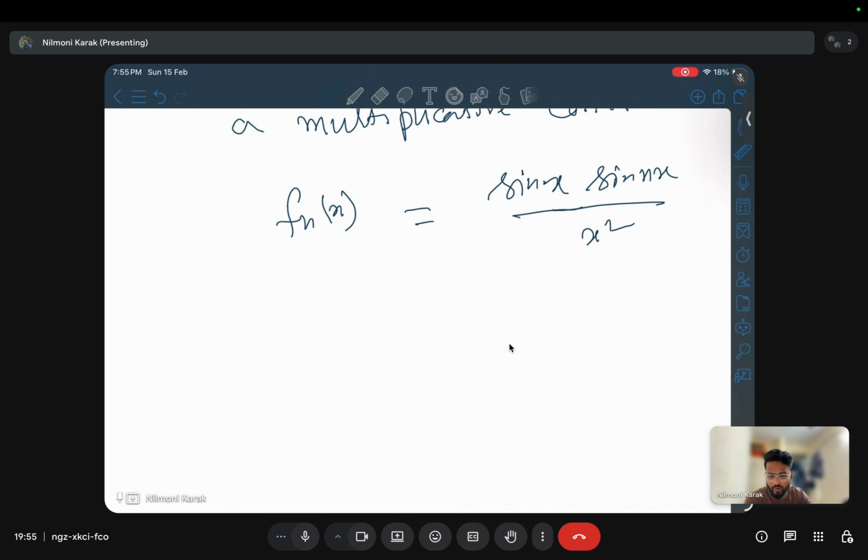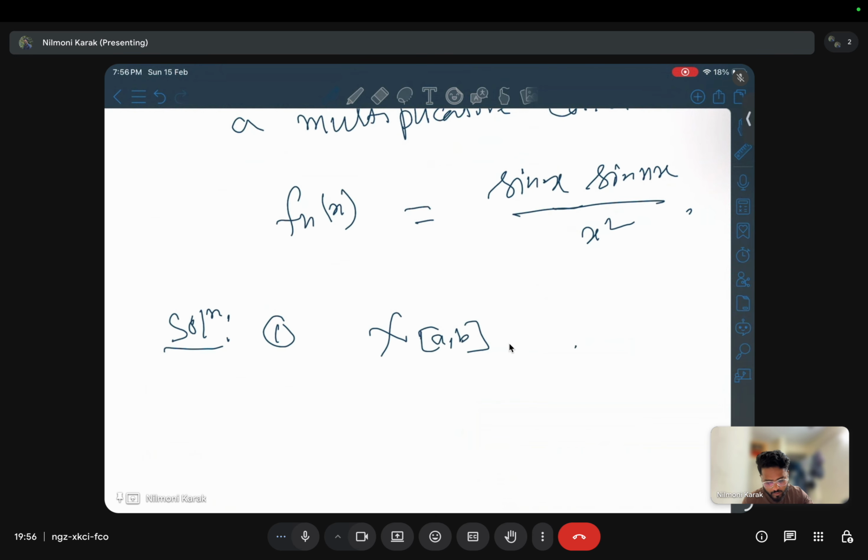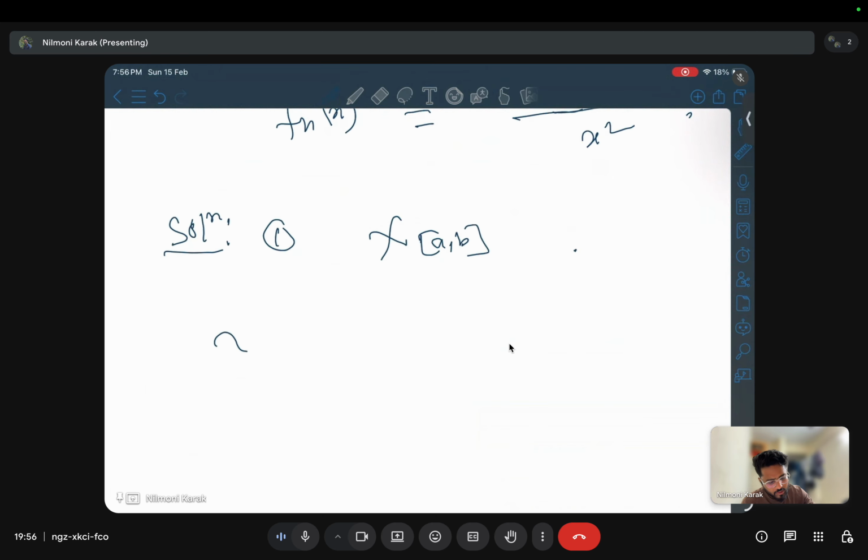Okay, let us solve. First question: we have to find the Fourier transform of this function. Just use the definition. It is very easy.